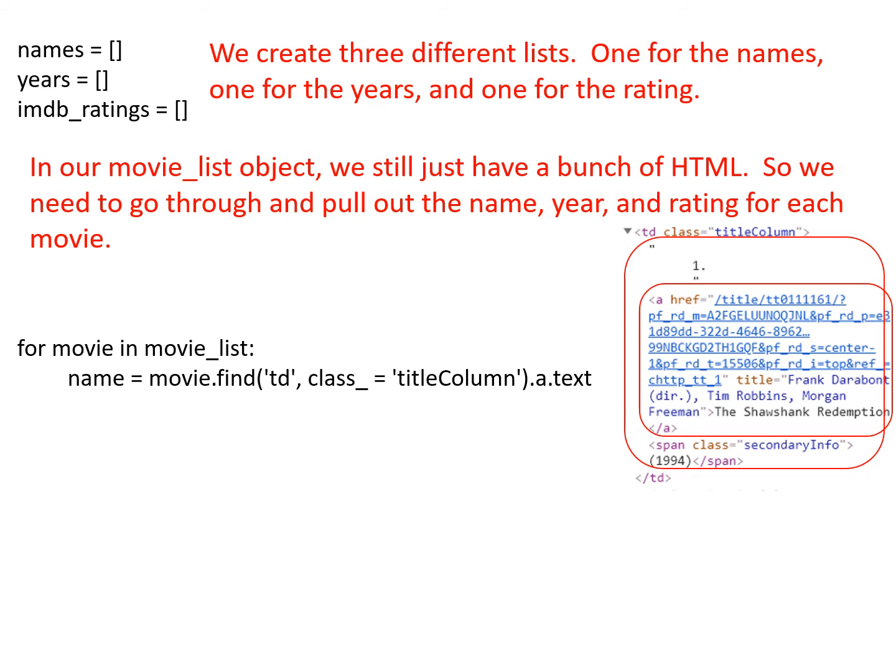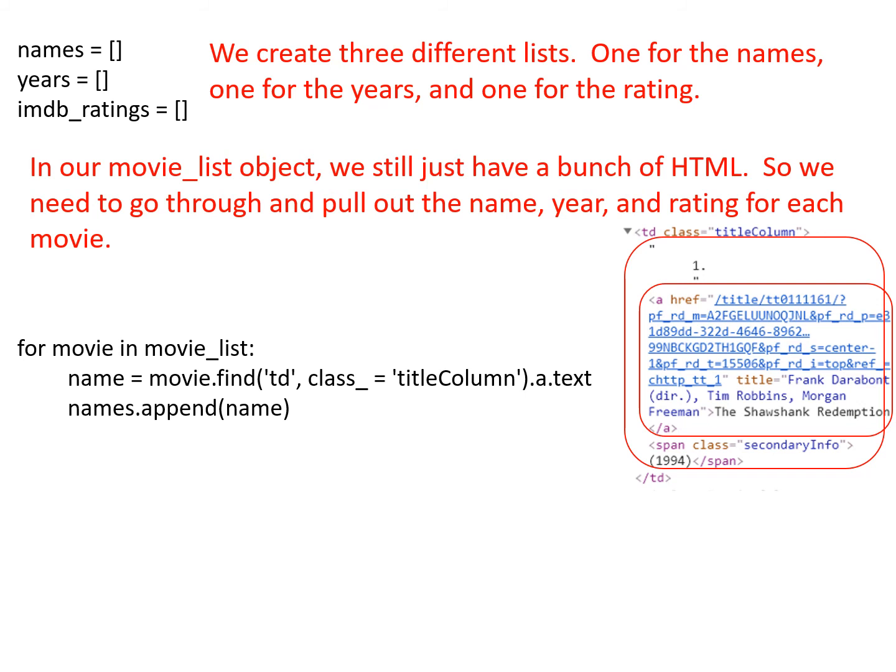So we say names, which is our list, .append(name). We're passing our newfound name into our list.